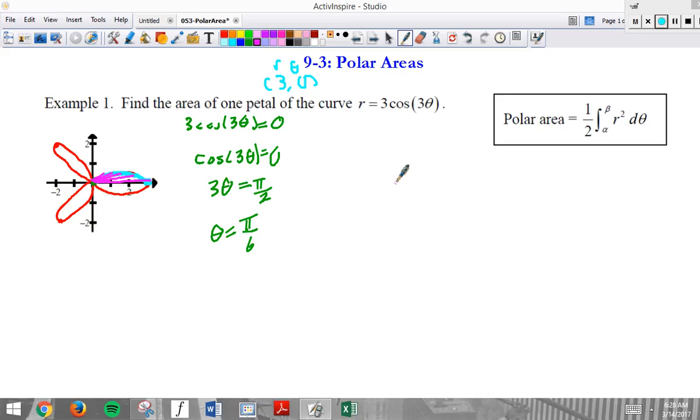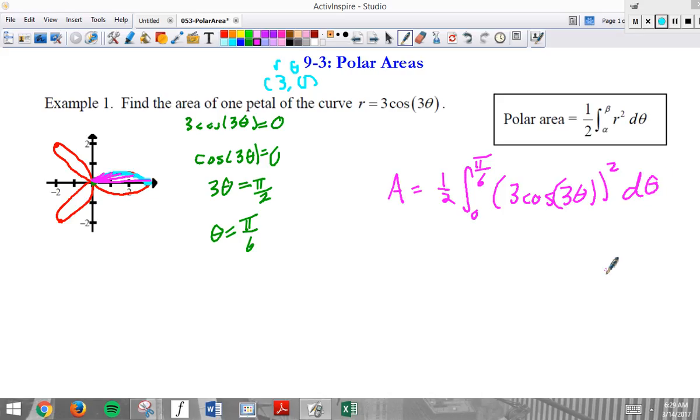Okay. So my area of that pink part would be 1/2, using this formula, from theta equals 0 to theta equals pi over 6, of r squared. So notice the pink region represents 1/2 of the petal.